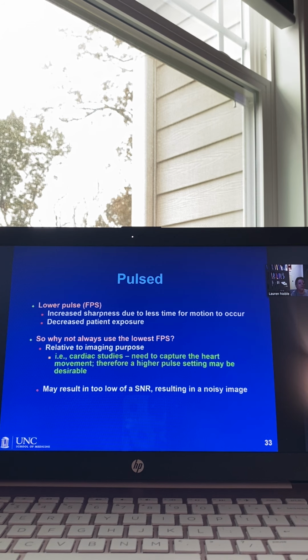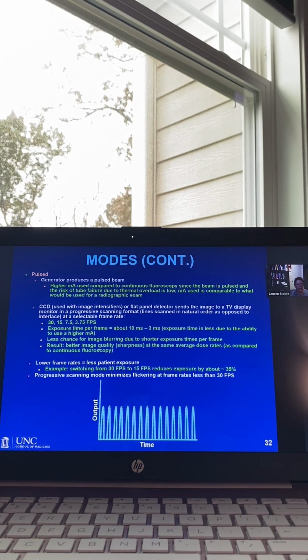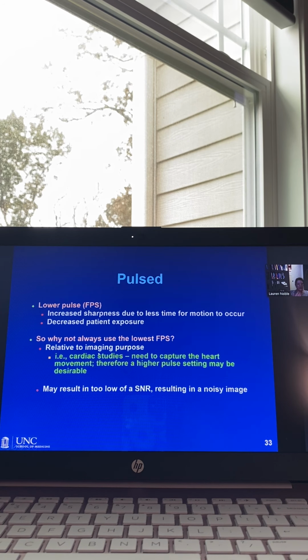The reason, though, you might not always use these lower pulse rates is because if you're imaging things like cardiac studies where you need to see the heart beating, you may need that higher pulse setting because the heart beats very quickly, and you would have too much downtime if you used a slower pulse rate, and you would miss some of that heartbeat.